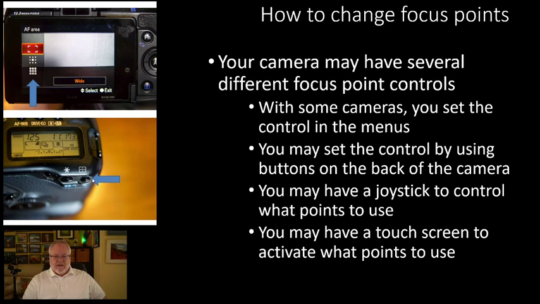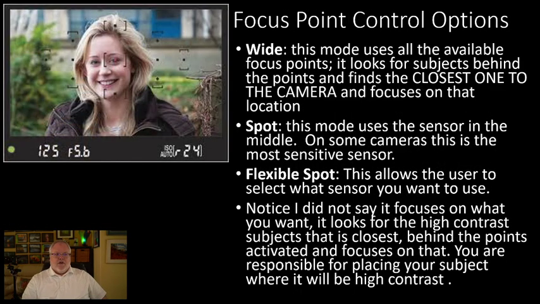Here in the next picture down, we've got a button, and by pushing this button and rolling a dial, you're able to pick which autofocus point it uses. Your camera may have a joystick that allows you to point around. Your camera may have a touchscreen to allow you to activate what points.